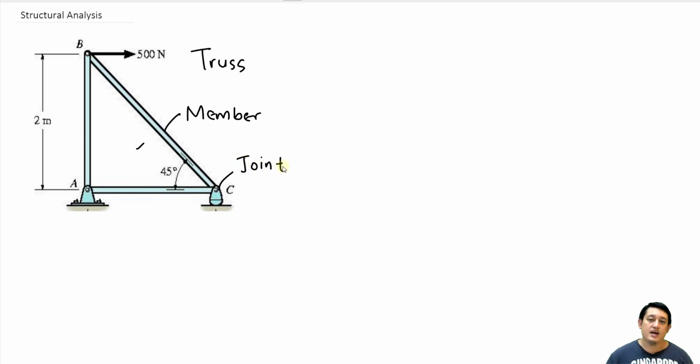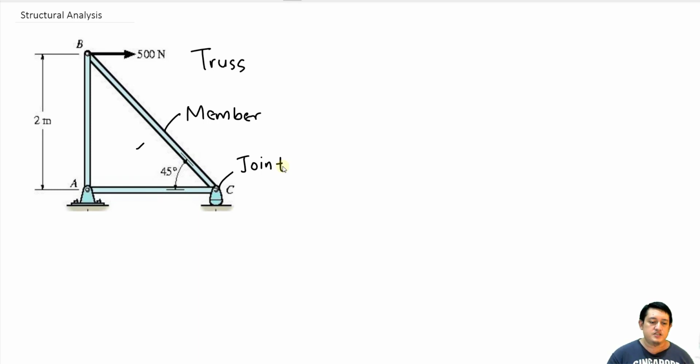Before we proceed on how to calculate the force inside the member, we need to understand that inside this member, two kinds of reaction can happen, which is compression or tension. Only these two.